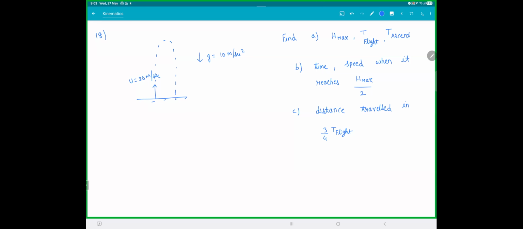Like I said, give me answers for B and C. Everyone should try. Any confusion, anything you're not clear, please ask me. You just have to use the three formulas. V is u plus at, s is ut plus half at square, v square minus u square is 2as.